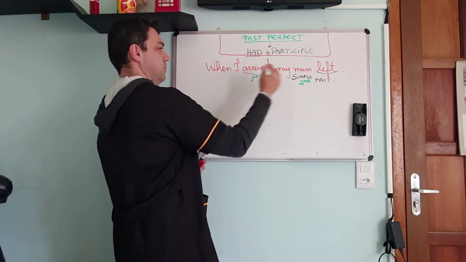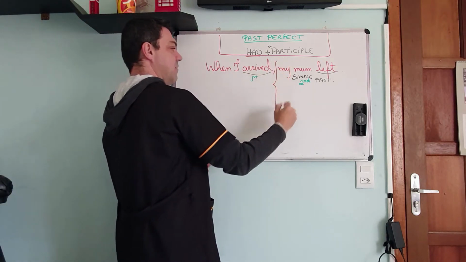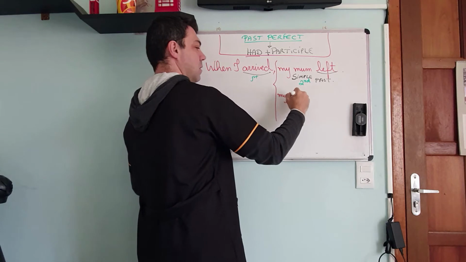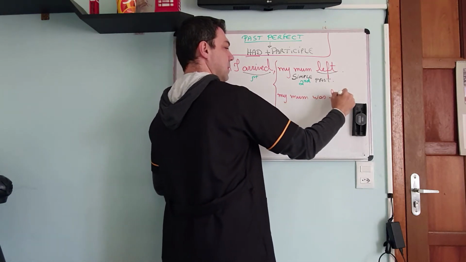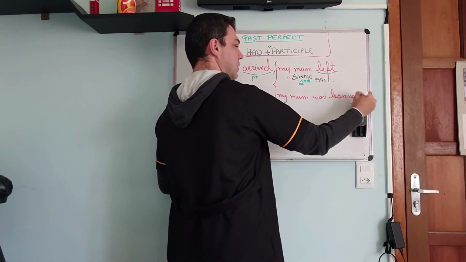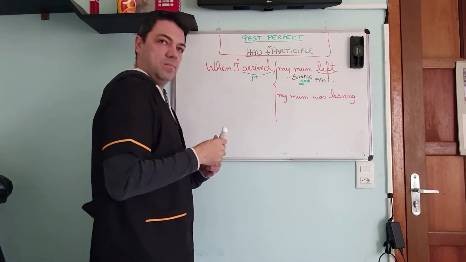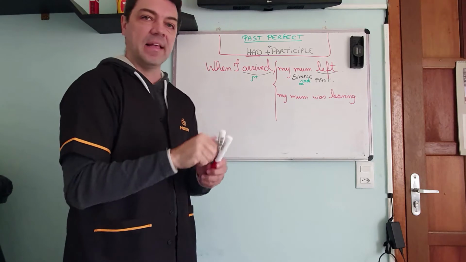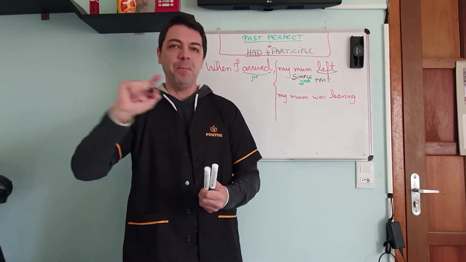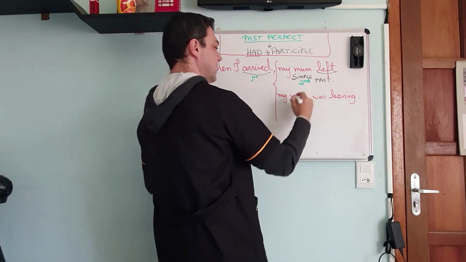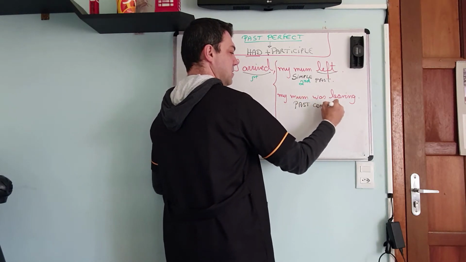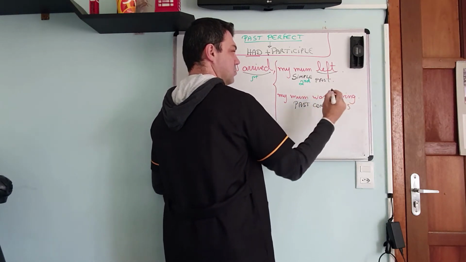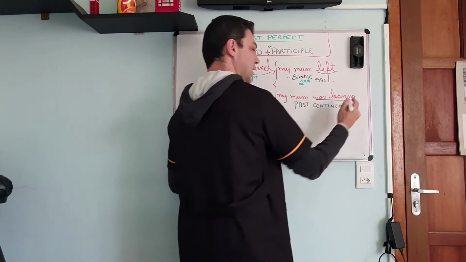Now you have there, when I arrived, my mom was leaving. What do you have now? My mom was leaving. See what? She was in the middle of that situation. That's why we have here the past continuous, because she was leaving.